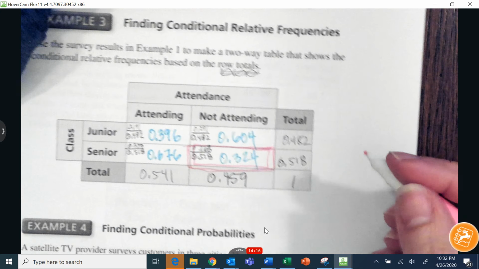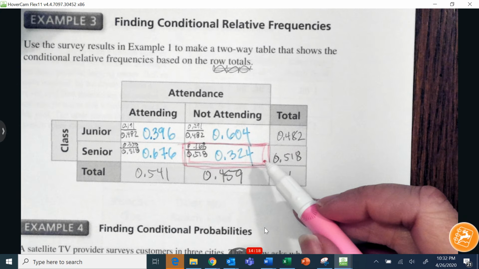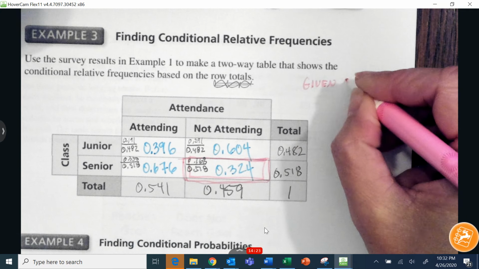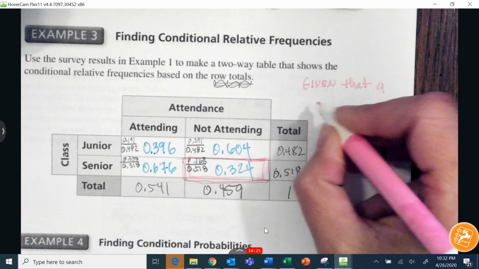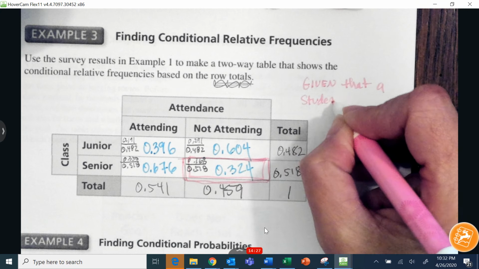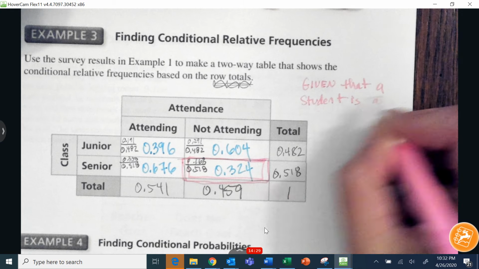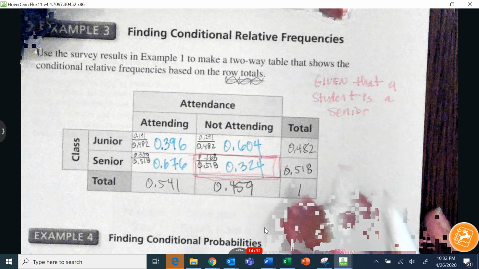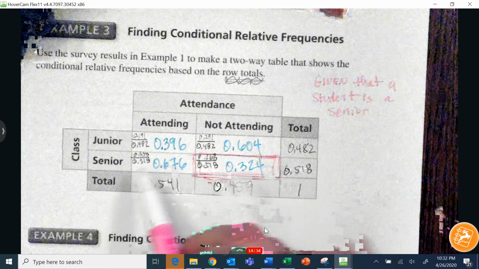To interpret that, I would say that given that a student is a senior, so if we already know that the student is a senior, that's where the row comes in.